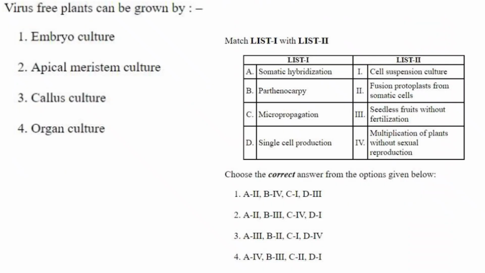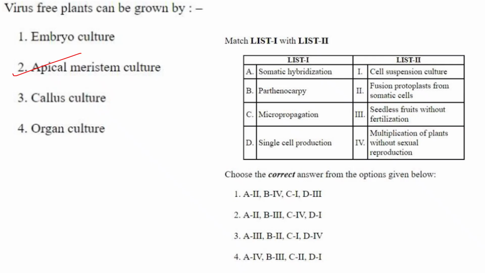Then virus-free plants can be grown by apical meristem culture. Why? Because apical meristems divide rapidly, even faster than the virus. So the virus will not be able to replicate and spread in them. Then they lack vascular connection.